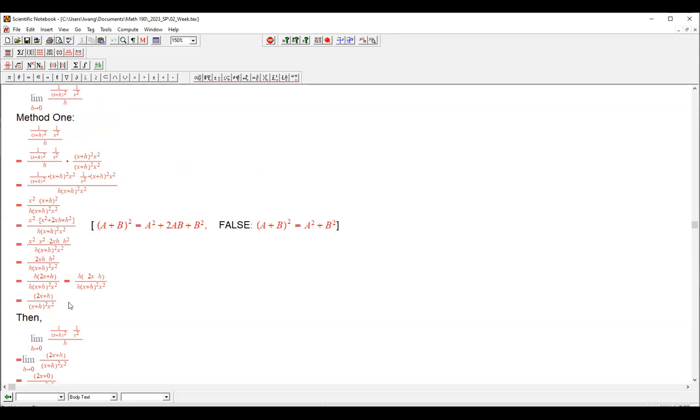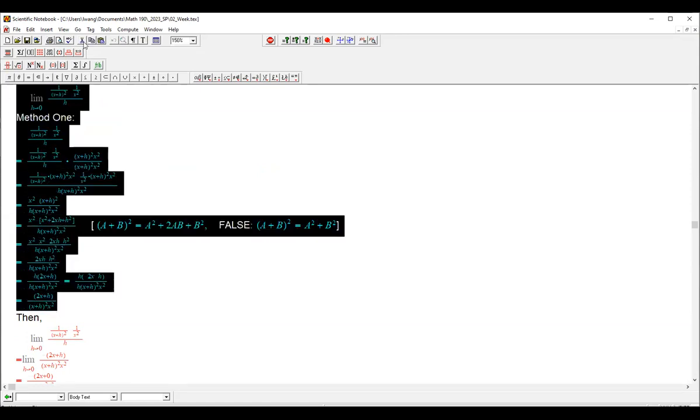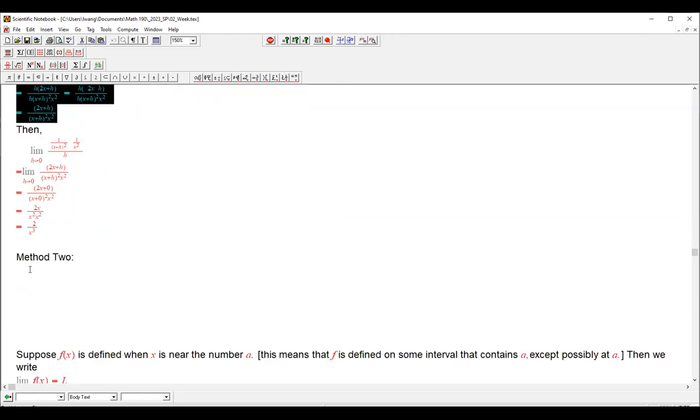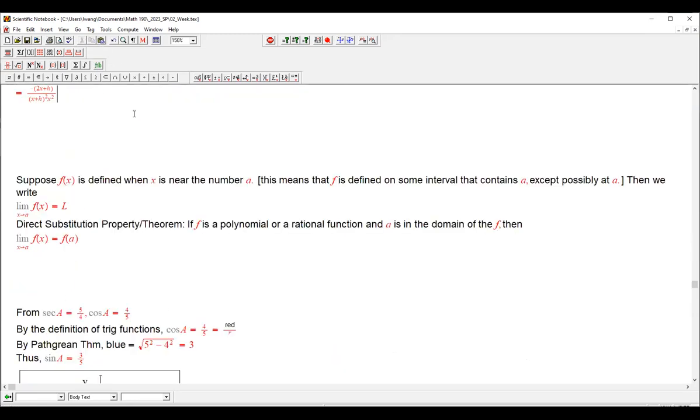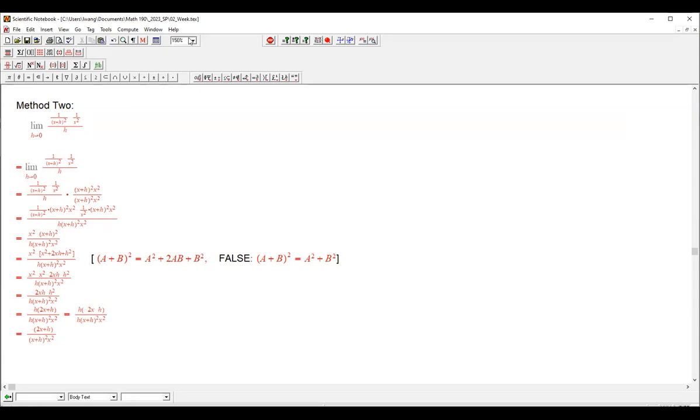What I'm going to do is just do them all together. Forgive me, I'm going to copy and paste. So I start with the limit, and at this point, I'm going to attach the limit.